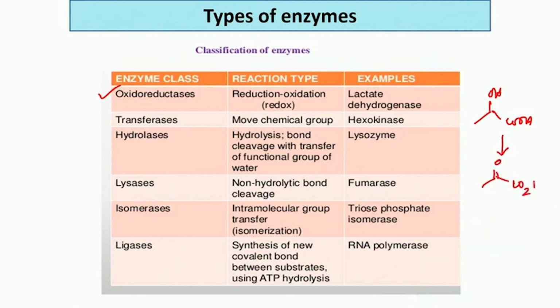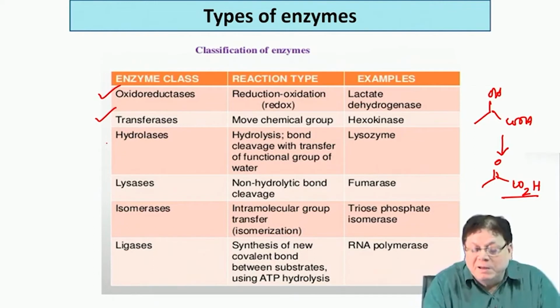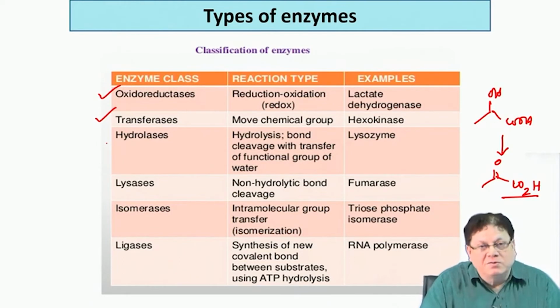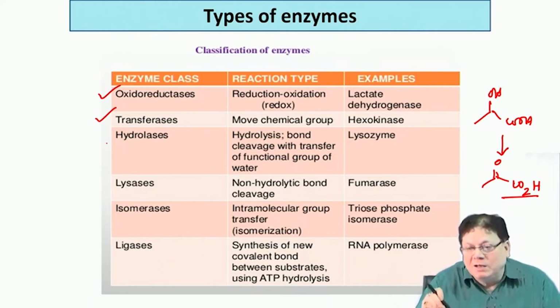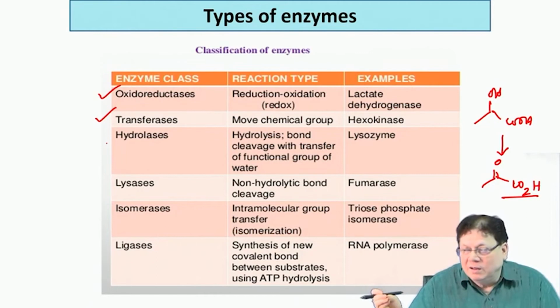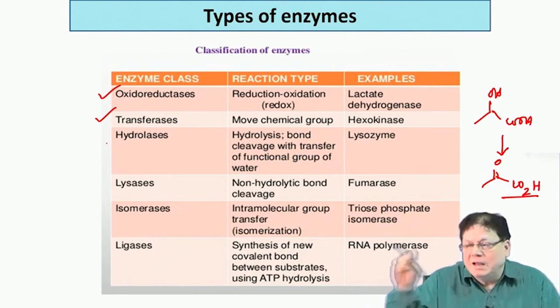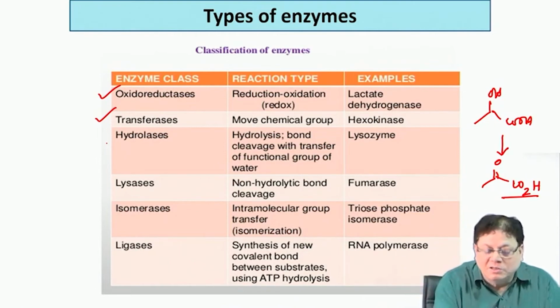Then the second one is transferase. That means they move a chemical group from one place to another, like an amine transferase. Say the amine group of one amino acid is transferred to another substrate which lacks the amine, and puts the amine there. So, they are called transferases.